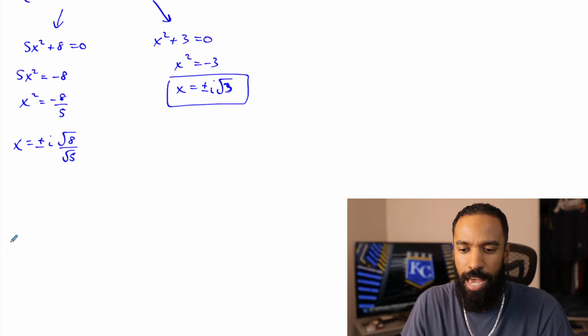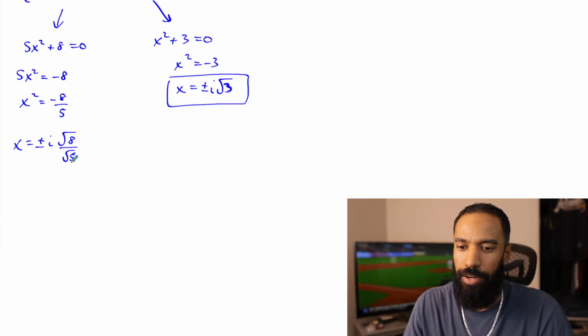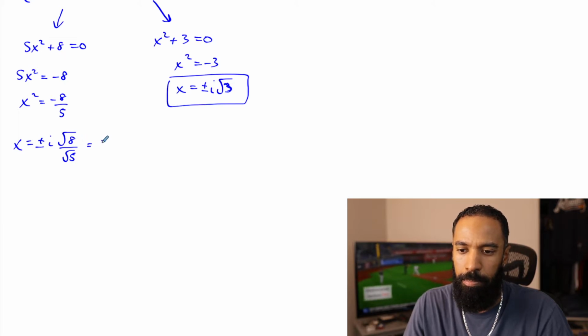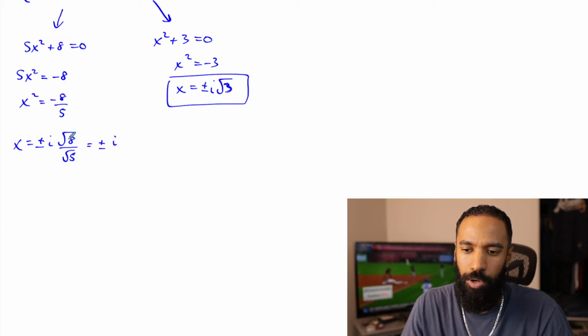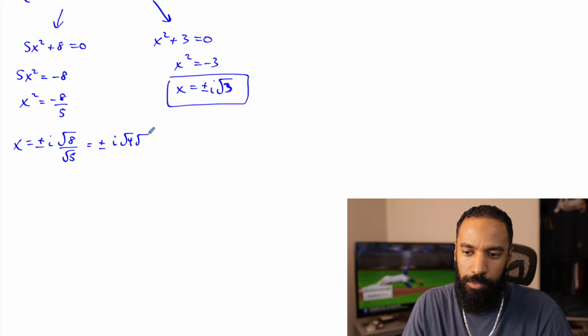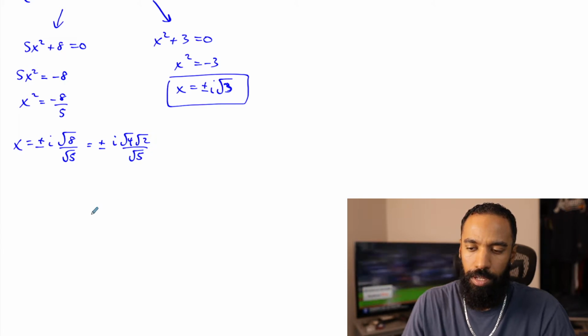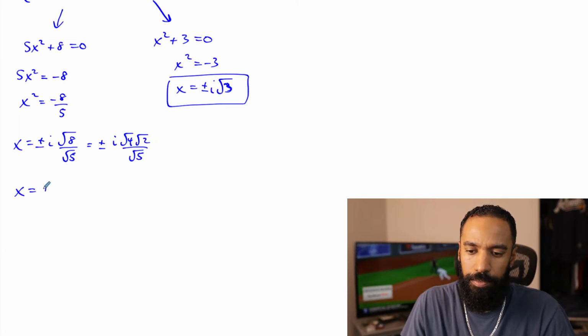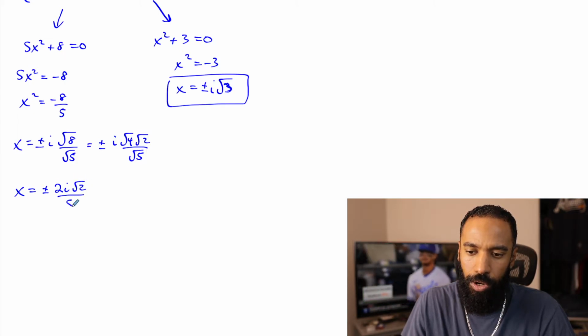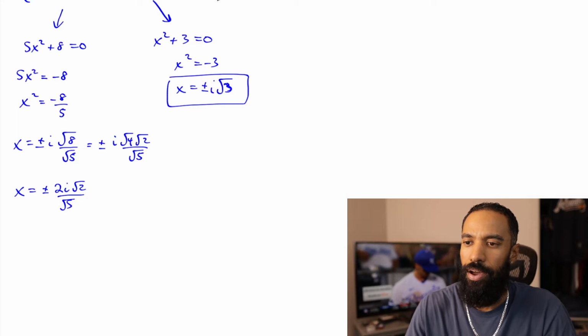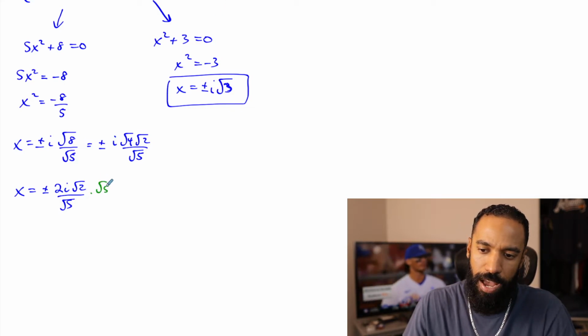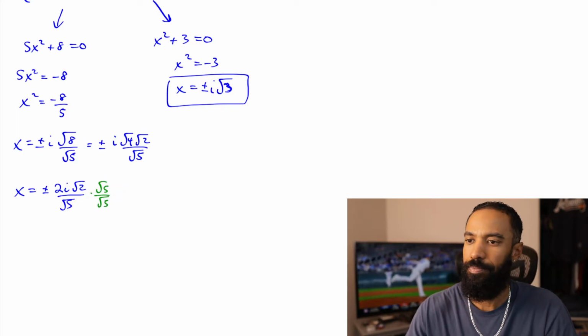Now, a couple things have to happen here. There is the rationalizing the denominator, but root 8 turns into root 4 times root 2. So that's 2 root 2. 2i root 2 over root 5. So now I've got to multiply top and bottom by this root 5 right here to simplify.